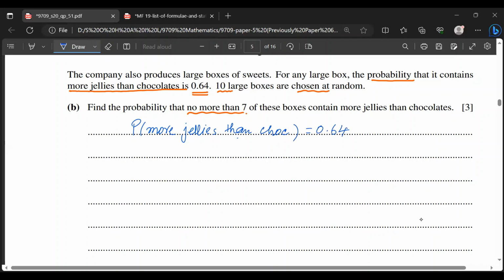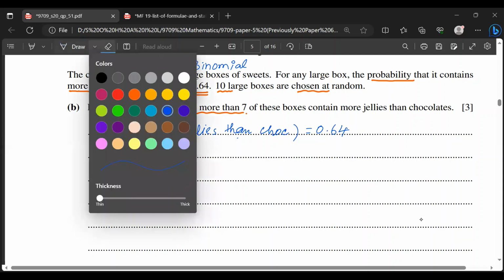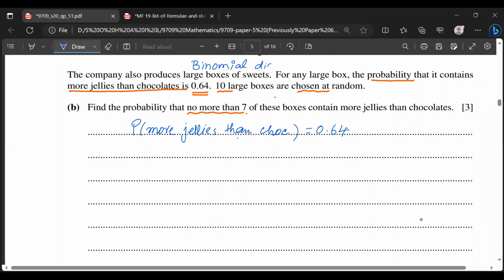So this is a question of binomial distribution, because you are given the fixed number of trials, 10 boxes. There are fixed number of trials, 10 large boxes are chosen at random, and we find that no more than 7.